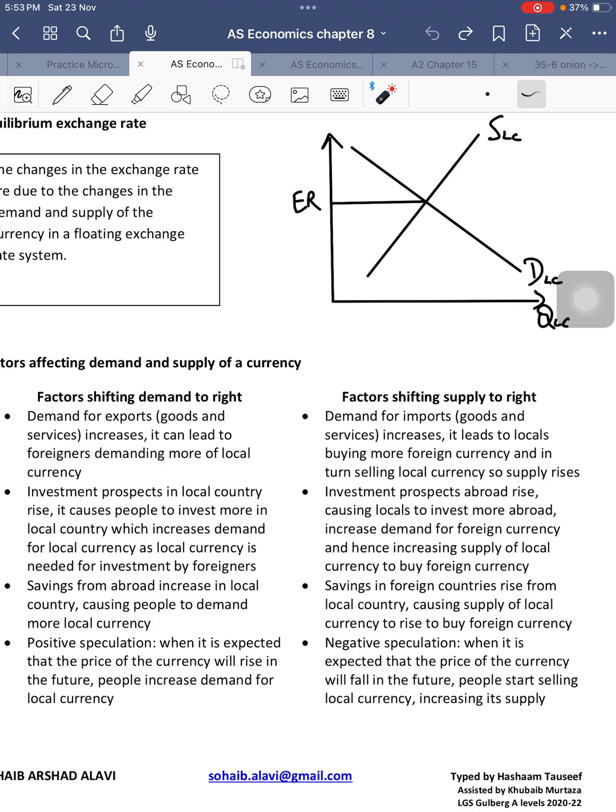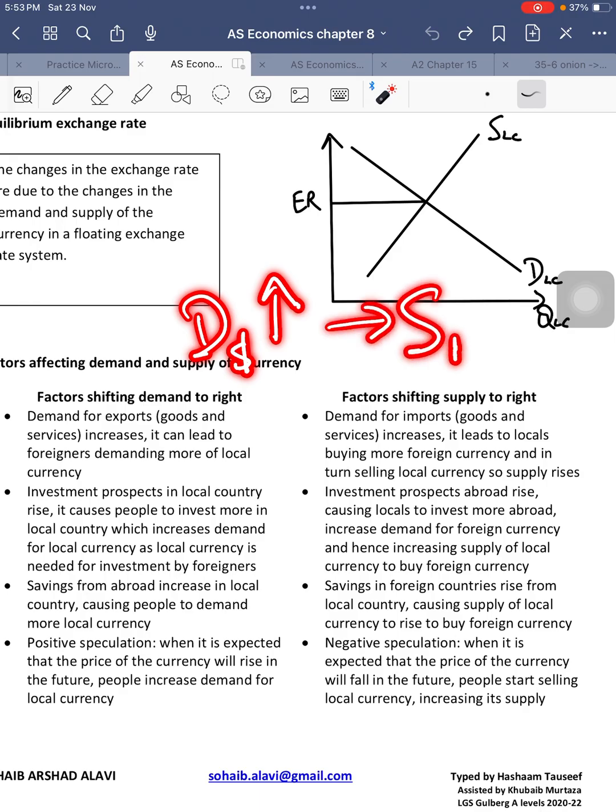So let's suppose if we want to buy dollars, and obviously we have rupees, that means we want to buy more dollars, right? How will we buy more dollars? By selling our rupees. And selling our rupees means what? An increase in the supply of rupees, right?